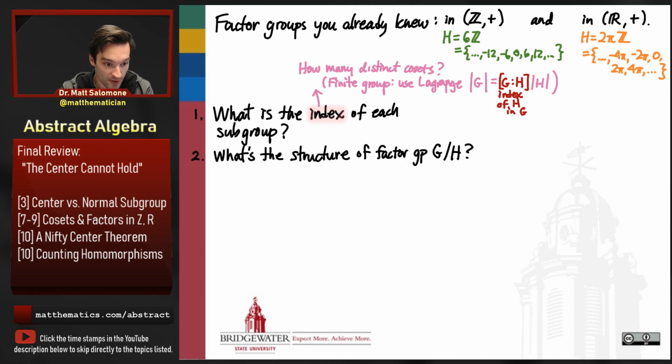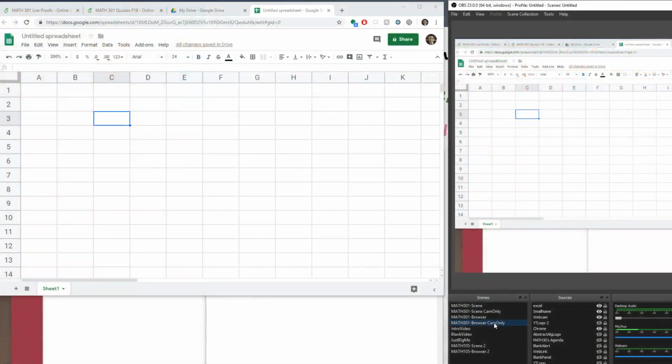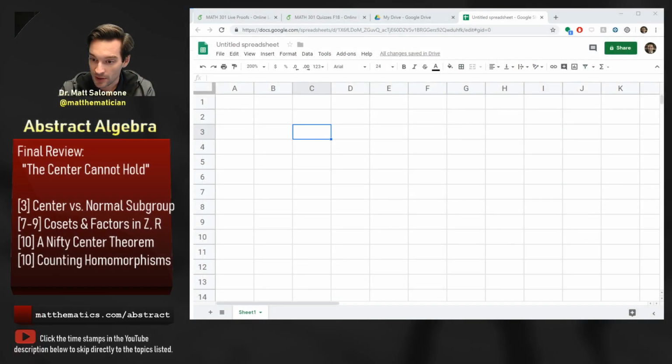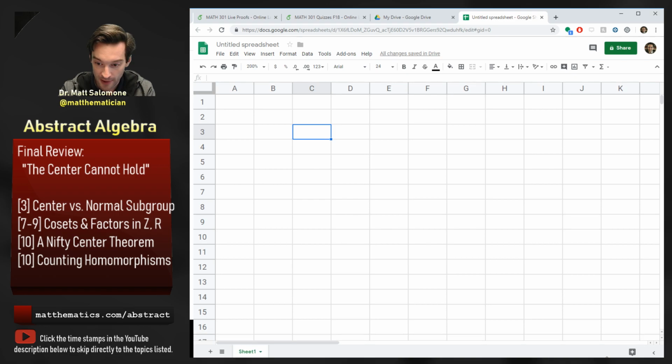Never knew you could use Excel to do abstract algebra, but I just want to do less computation if I don't have to do more. Uh-oh, that's not working the way that I want it to. All right, we'll just do it that way for right now.